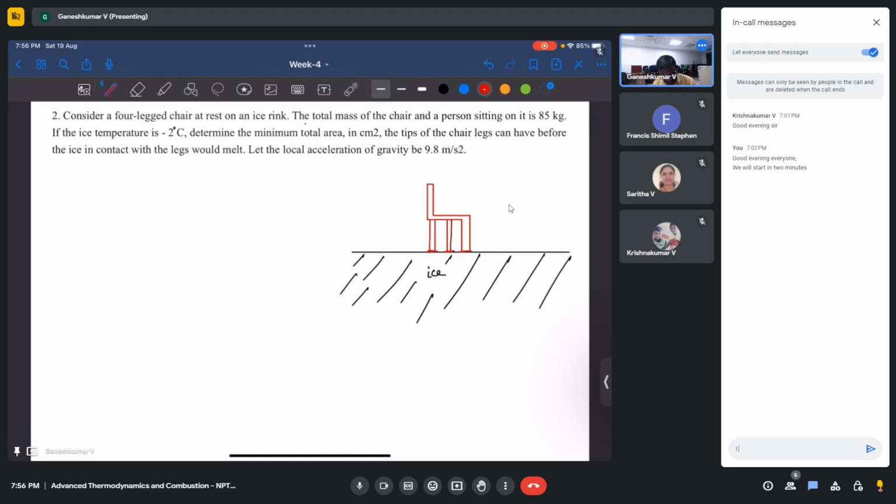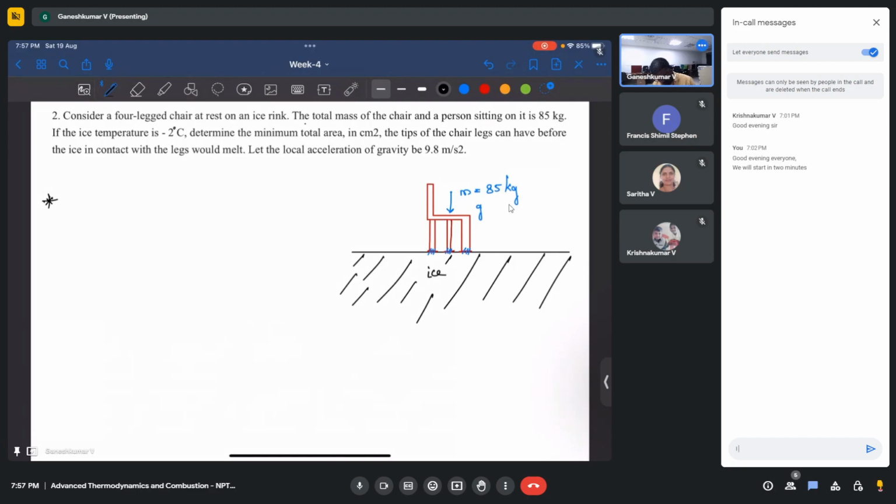And there is a force acting downward, which has 85 kgs and acceleration due to gravity. Some force is acting on the chair, which is going to create pressure over here, right? Now we need to find what is this area. Okay, so let me write it down.